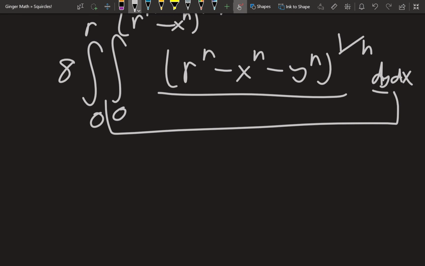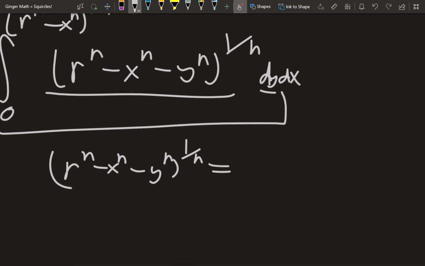So what we're going to do is say, okay, well (r^n - x^n - y^n)^(1/n) is just the same thing as if we were to factor it out.